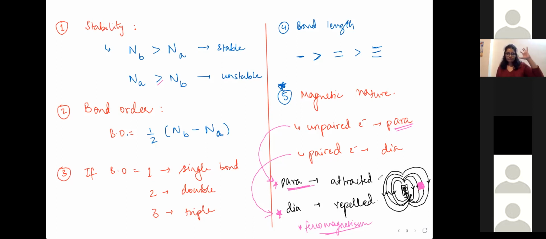Even if you don't understand what happens behind it, you just need to know this much minimum: if there are unpaired electrons, that makes the substance paramagnetic, and paramagnetism means they are affected by a magnetic field. If all the electrons are paired up, the substance is diamagnetic, and diamagnetism means they are not affected by the magnetic field, or they are basically repelled by it.